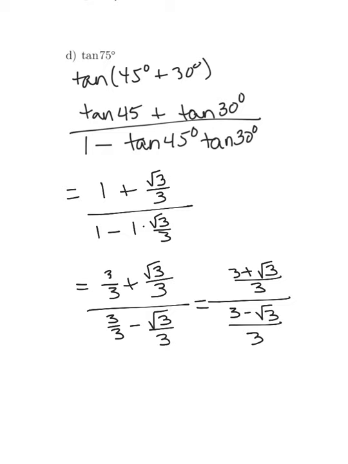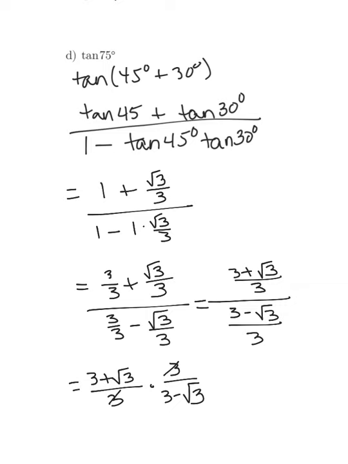When you have complex fractions, you multiply by the reciprocal of the denominator. So we would have 3 plus the square root of 3 over 3 times 3 over 3 minus the square root of 3. When you get into this, you see that we have 3 over 3, which equals 1.